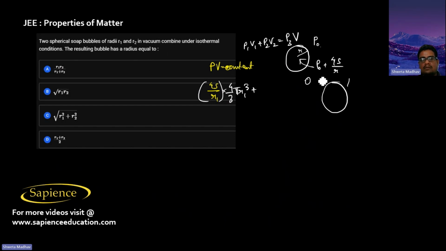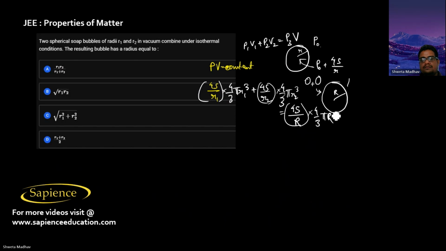So here two bubbles will combine under isothermal conditions and a new large soap bubble will be formed. Then we have to find the radius of the large soap bubble. So this will be 4s by r1 into 4 by 3 pi r1 cube plus 4s by r2 into 4 by 3 pi r2 cube, that is equal to 4s by r into 4 by 3 pi r cube.